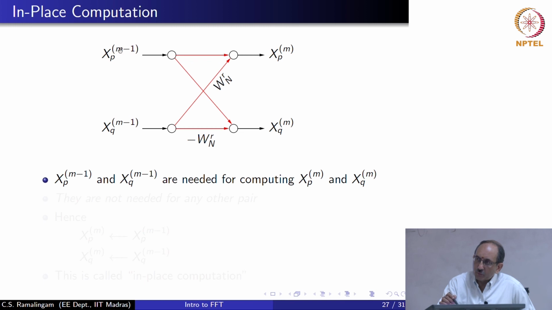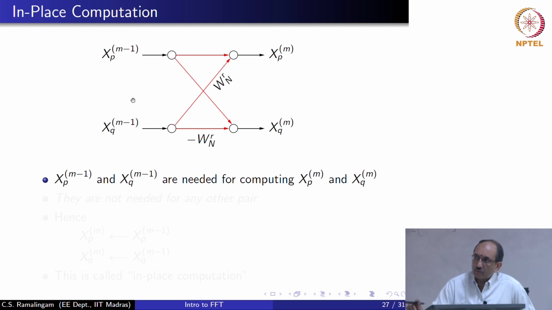So if this were the input to the butterfly and if this were the output, for this stage, once you use these two to compute these two outputs, these two inputs will not be used in any other butterfly stage. So the implication of that is, once these two inputs have been used to compute these two outputs, the computed output you can overwrite on these two memory locations, because these two are not going to be used by anything else later. So after the result is computed, overwrite.